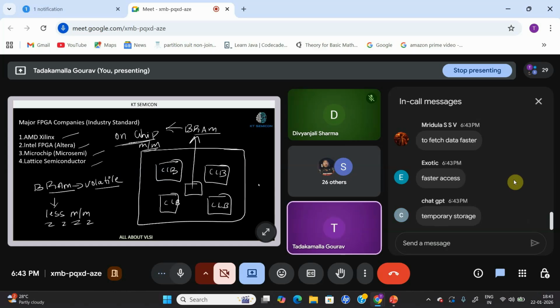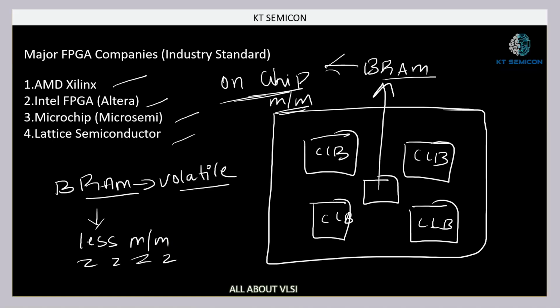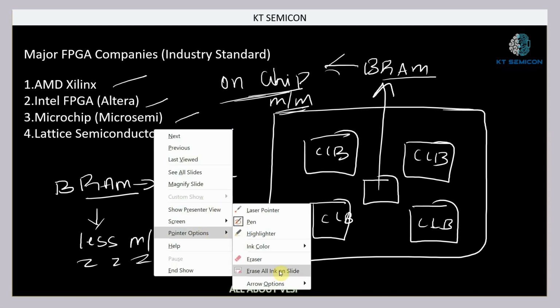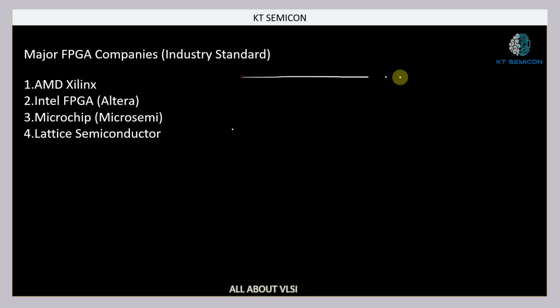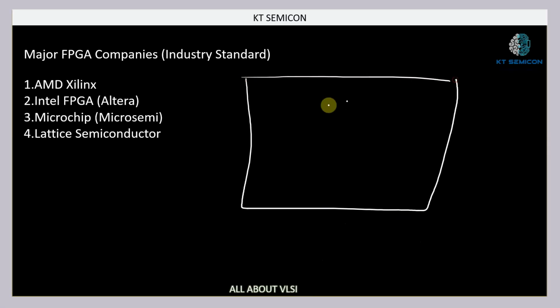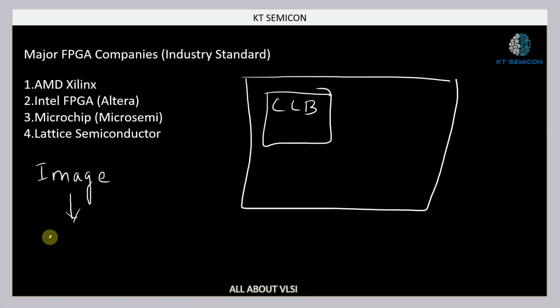So here also, if we want to fetch our data in less time, we are going to use this BRAM. Let me give you one simple example. Let's say I'm working with some image processing project, and I have written some code that has been written into the CLBs. Whatever image you take will be converted into binary format.